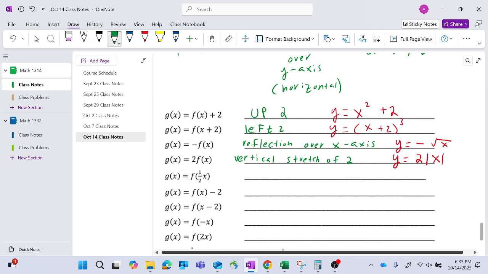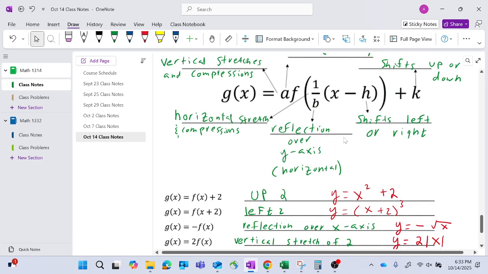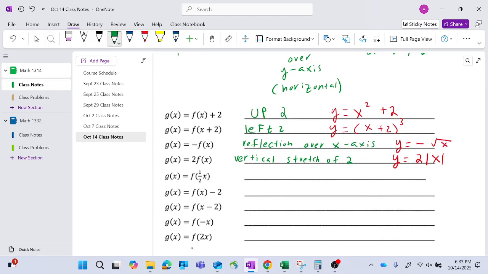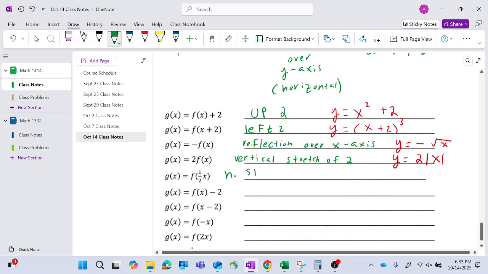The next one, g of x equals f of 1/2 x. Well, that's multiplying the x itself. If you compare it to what we have here, that's the 1 over b, right? 1 over b is multiplying the x here. So it's going to be a multiplication. And remember, anything with the x always does the opposite. If it's 1/2, you think, well, it's going to compress by a half. Well, it's going to do the opposite. It's going to be a horizontal stretch.